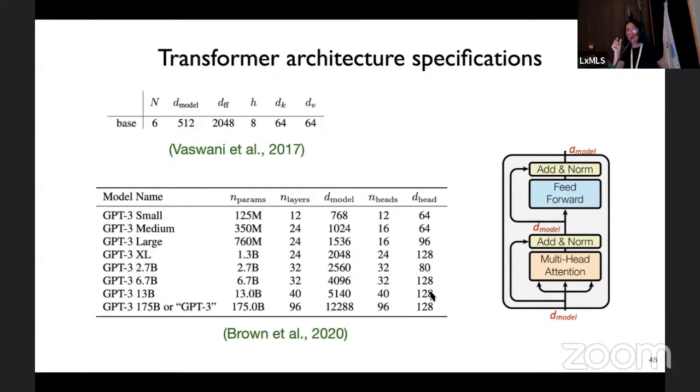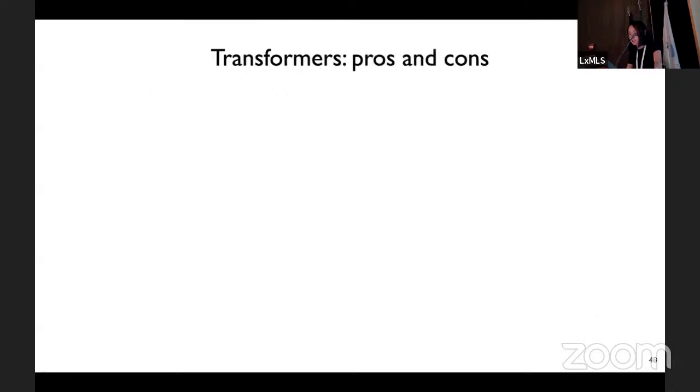And the dimension of each head is actually still small, only 128. So the models have become very, very large compared to the first transformer paper, but the model architecture hasn't changed too much. There are some modifications I will talk about after the break, but most of the architecture remains the same, just the models have become much larger.